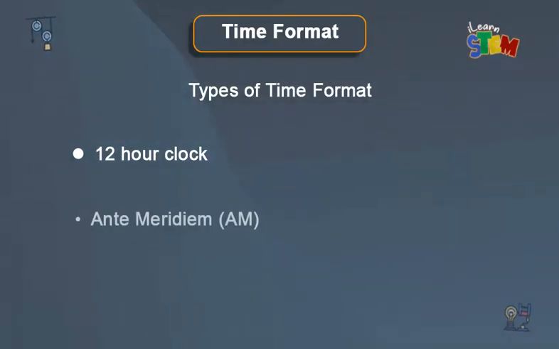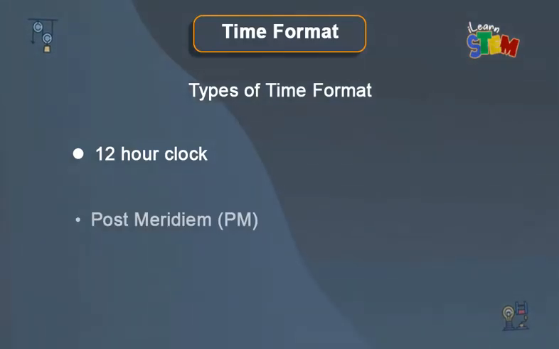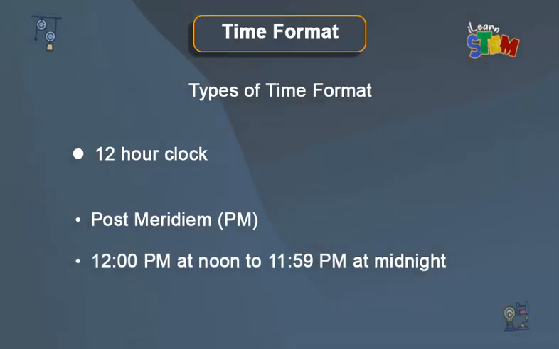That is the ante-meridiem, commonly known as AM, which is between 12 o'clock at midnight to 11:59 at noon. We also have the post-meridiem, commonly known as PM, which is between 12 p.m. at noon to 11:59 p.m. at midnight. The 12-hour clock is easier to understand and use in everyday life, especially for casual conversation.